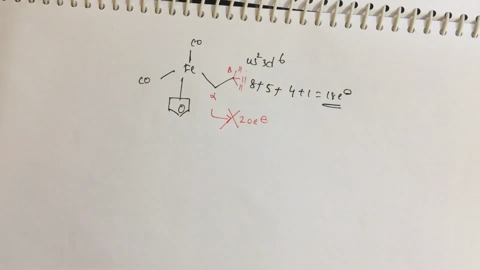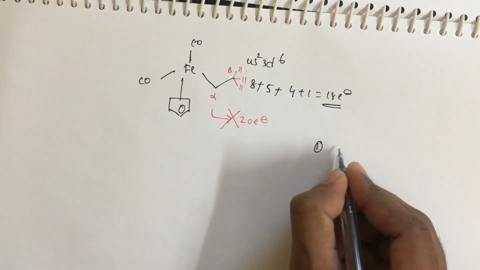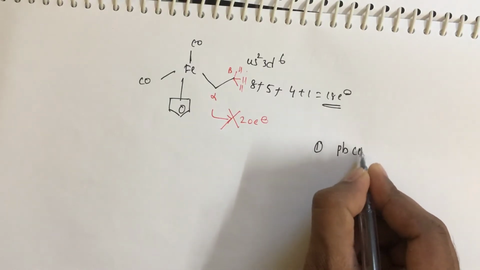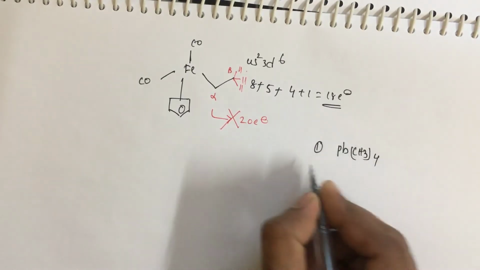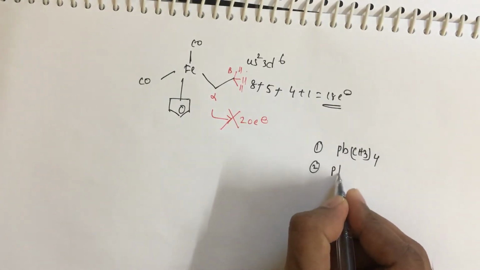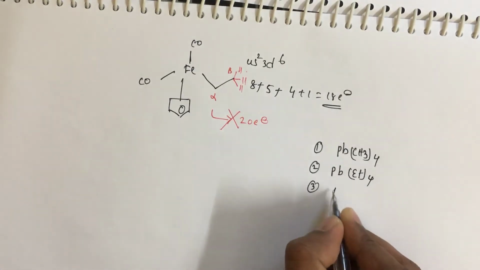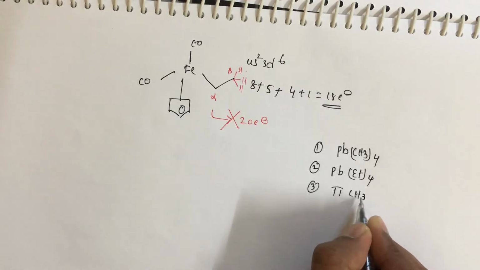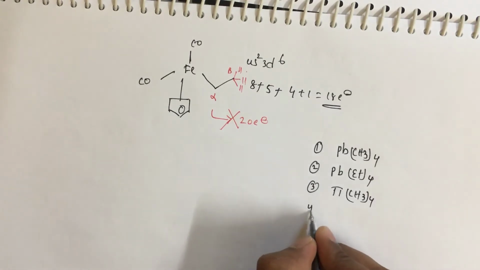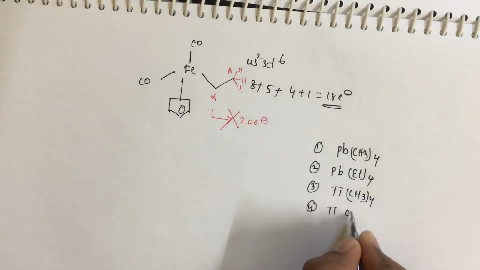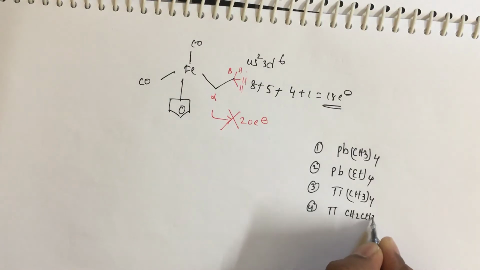And here we have 4 examples, 4 complexes: first Pb(CH3)4, second Pb(CH2CH3)4, third Ti(CH3)4, fourth Ti(CH2CH3)4.